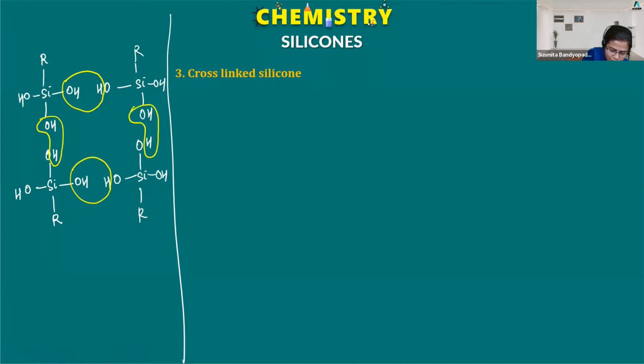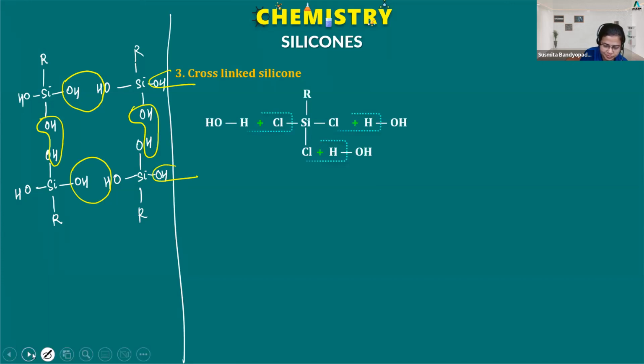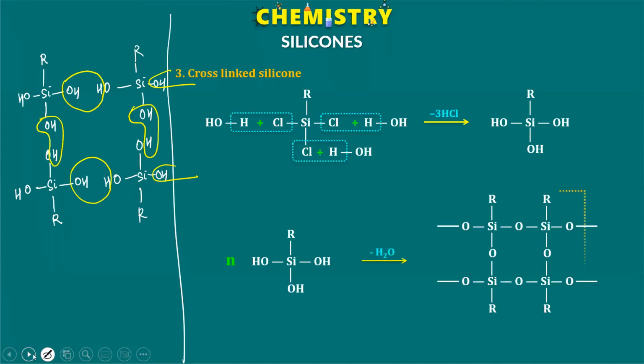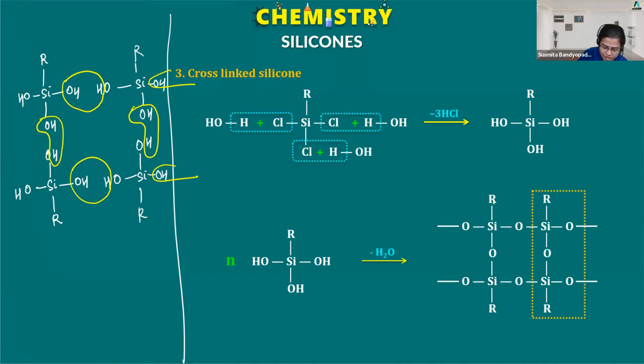This side it will lose, this side it will lose. So ultimately what I get is cross-linked. It will be like this: R-Si-O, this also with someone, R-Si-O-O-O, Si-R-O-Si-O-Si. Like this. So ultimately I get a cross-linked silicone.